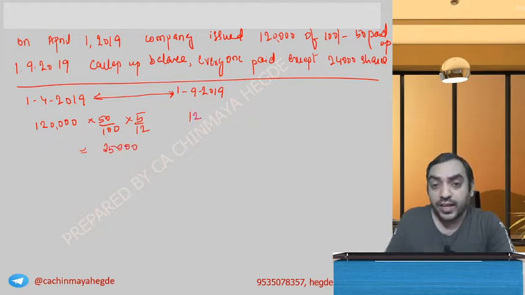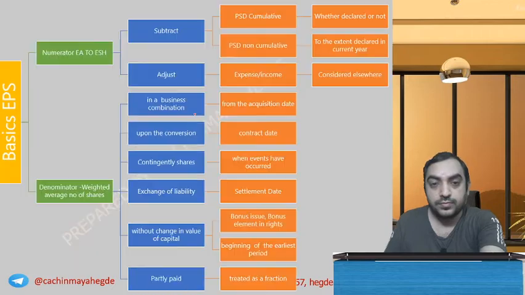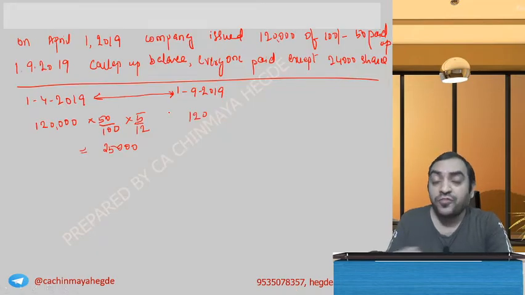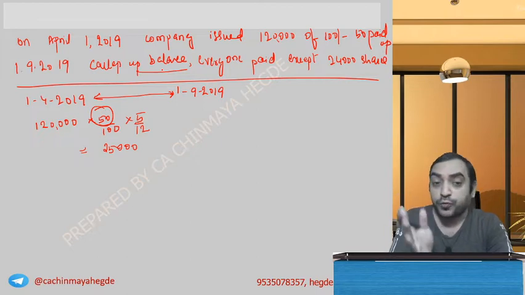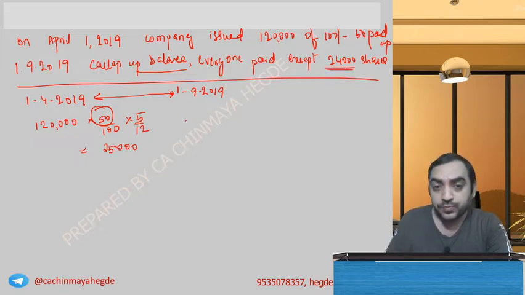Now balance 1,20,000. On 1st of September, what happened? Those 1,20,000 shares, which were 50 paid up, became 100 paid up because the balance was called up. Everyone paid, so 50 paid up became 100 paid up for everybody, except 24,000. So 1,20,000 minus 24,000, 96,000 shares became fully paid up.